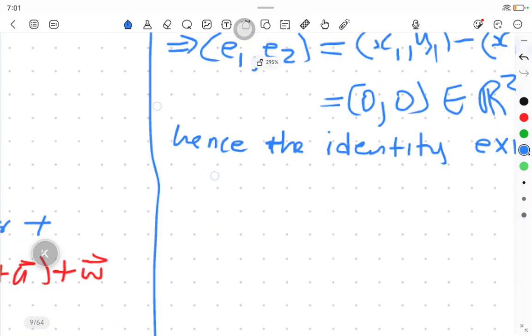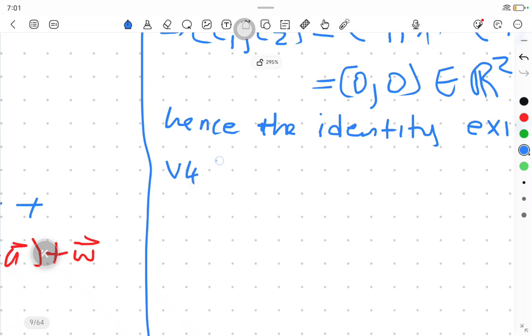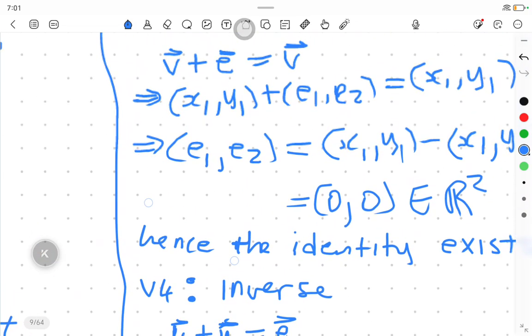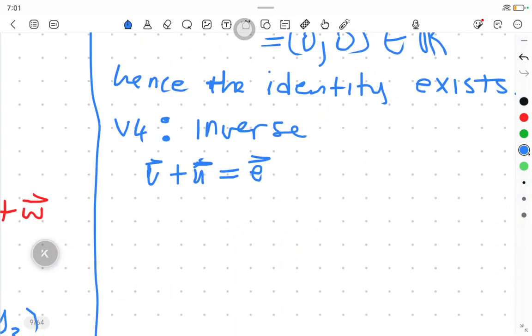So we come to V4. After identity, we can check the inverse. With the inverse, I think we already have U, so we can use U for the inverse. So for the inverse, we can have V plus U, which should be equal to this, right? I've already defined this in the previous example, so I don't have to define it here.